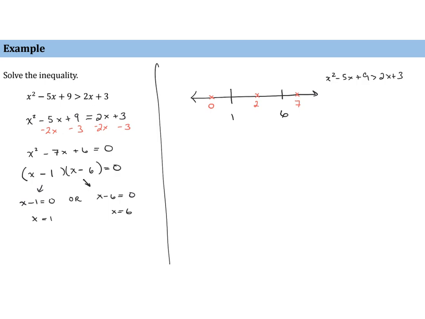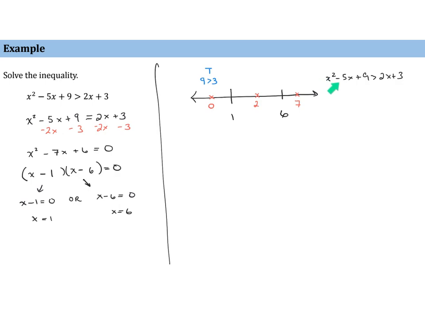Now, we will take 0 and we will plug it in for x into this original inequality. So we get 0 squared minus 5 times 0 plus 9, so this would be 9, is greater than 3. And that is true. Now, substitute 2 in.